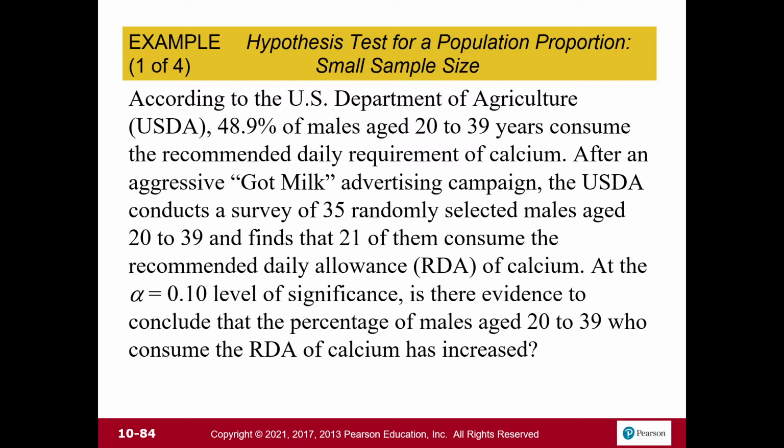After an aggressive Got Milk advertising campaign, the USDA conducts a survey of 35 randomly selected males aged 20 to 39 and finds that 21 of them consume the recommended daily allowance, RDA, of calcium at the alpha 10% level of significance. Is there evidence to conclude that the percentage of males aged 20 to 39 who consume RDA of calcium has increased?